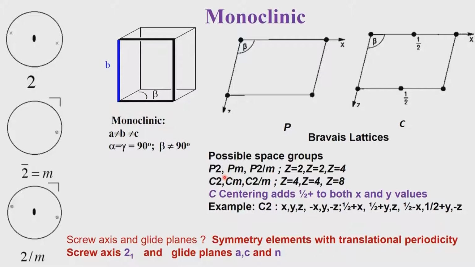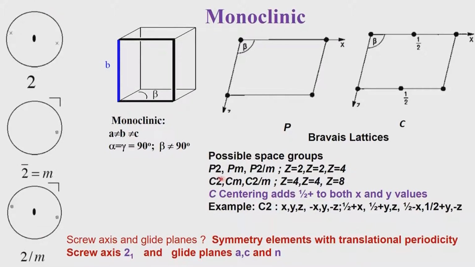If you look at the previous slide, you have every piece of information about triclinic systems, and on this slide about monoclinic systems. If the lattice is primitive, combined with the point group symmetry 2, you get P2, and likewise Pm and P2 by m. In all these cases, the number of molecules in the unit cell in general is z equals 2 in the case of Pm as well, and z equals 4 as illustrated here in the point group diagram.